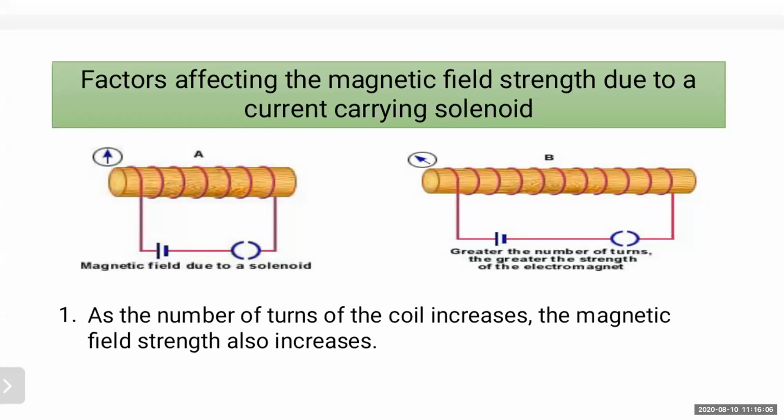As the number of turns of the coil increases, as the number of loops of that current carrying conductor, that is nothing but the solenoid, increases, the magnetic field strength also increases.